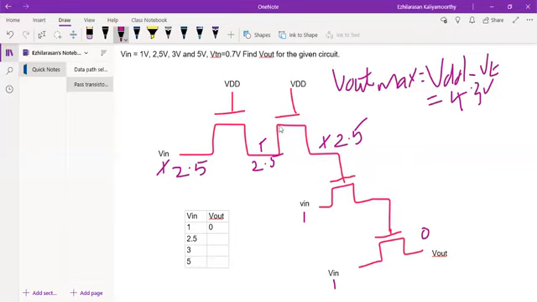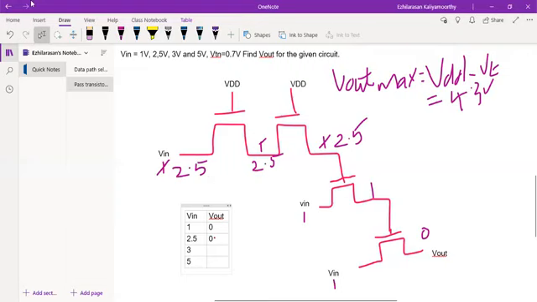Maximum 1.8 I'll get here. The gate voltage is 2.5 minus the threshold voltage 0.7, so 1.8. Again 0 only I will get here, again it will be 0 only.